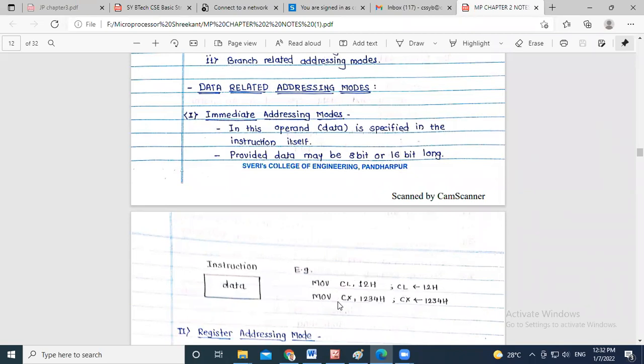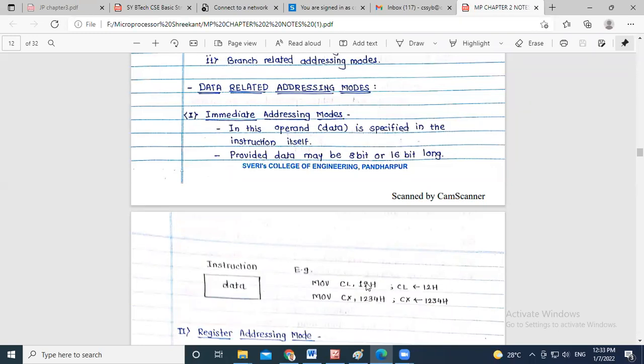In the second instruction, that is MOV CX, 1234H, here I have to use X in the sense of either L or H. This is for the 16-bit instruction, and the first one is for the 8-bit instruction. 8-bit uses only L or H, and X means both L and H, for 16-bit purposes.